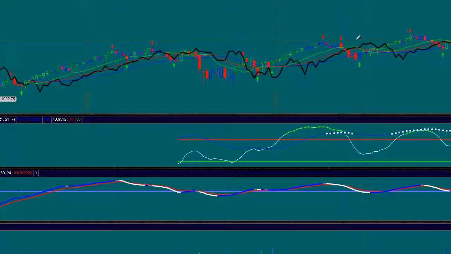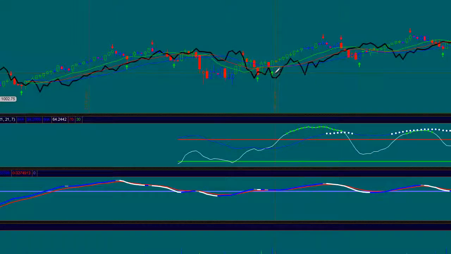And the theory is you want to buy when you have a fractal that's above the alligator's jaw. You have your fractal right here above the jaw line. So you would go ahead and enter this bar right here, and exit rules I'll go over later.